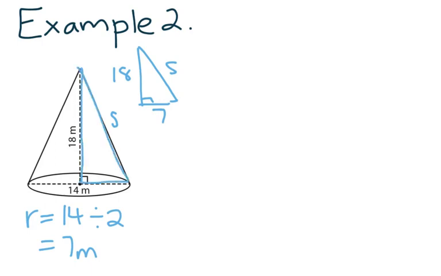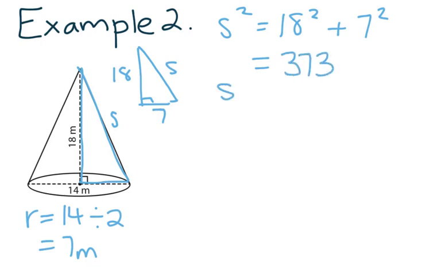And you can apply Pythagoras' theorem to work it out. So we would do S squared equals 18 squared plus 7 squared, which is 373. And then to find S, we do the square root of 373. And that gives us a slant height of 19.3 metres.